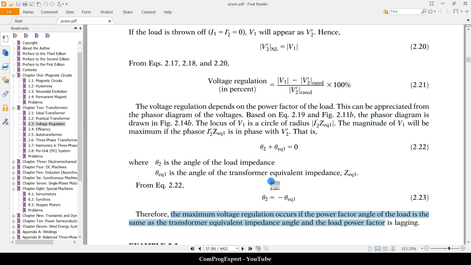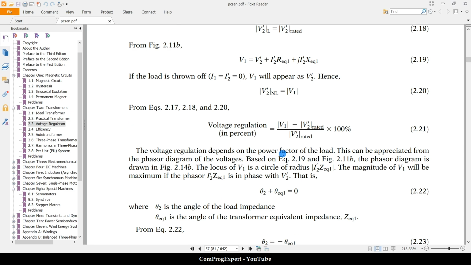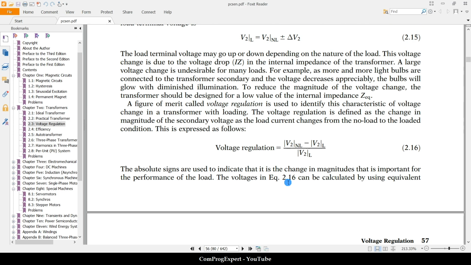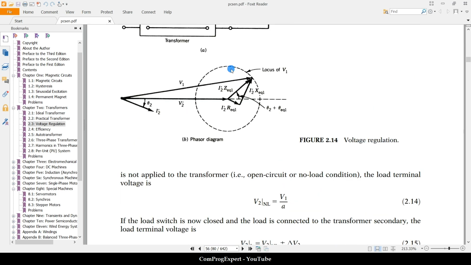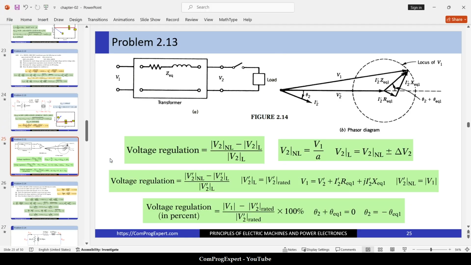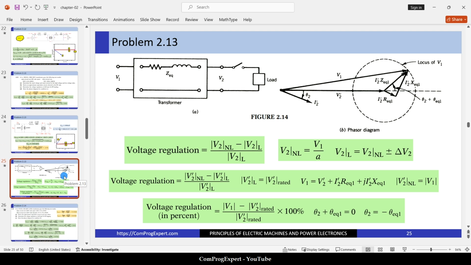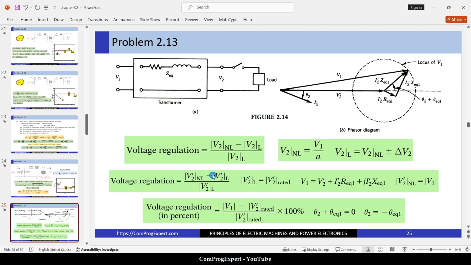We have a problem later to calculate the maximum voltage regulation, and you should remember this condition according to this phasor diagram. Anyway, I think this is enough for this video, and let's continue solving the next problems in the next video. Thanks for watching.